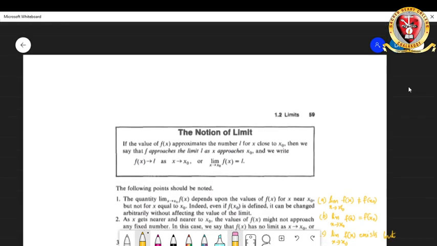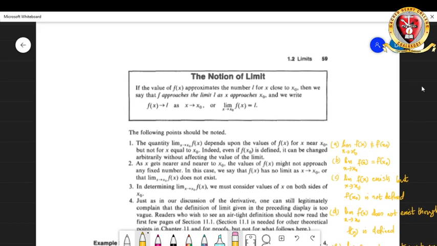So we are going to officially define what limit is and what its notation is. If the value f of x approximates the number L for x close to x naught, then we say that f approaches the limit L as x approaches x naught. It is very simple.